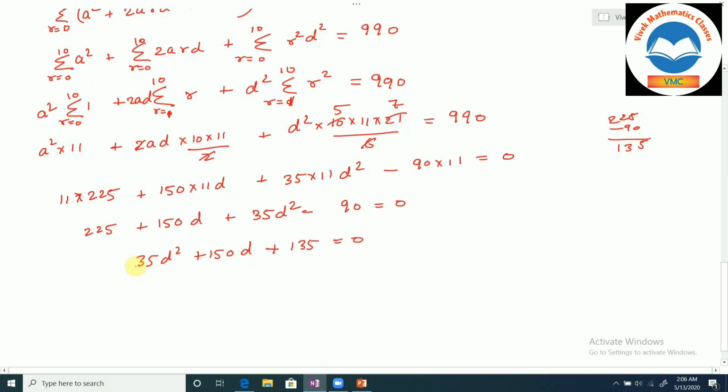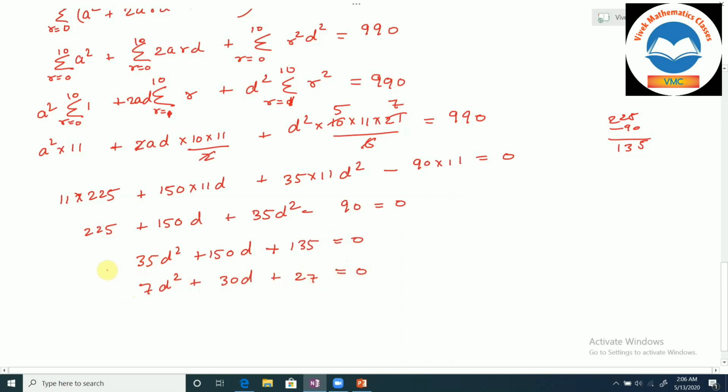So we can take 5 common. Then we get 7d square plus 30d plus 27, and this will be equal to 0.